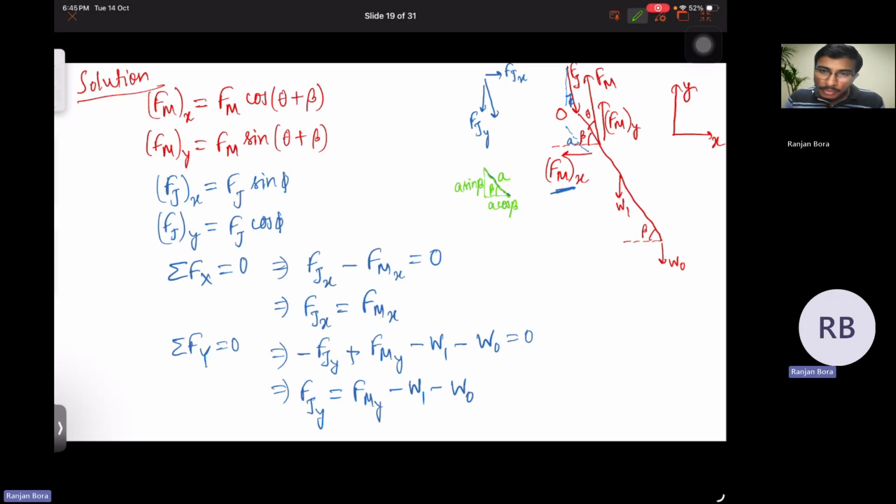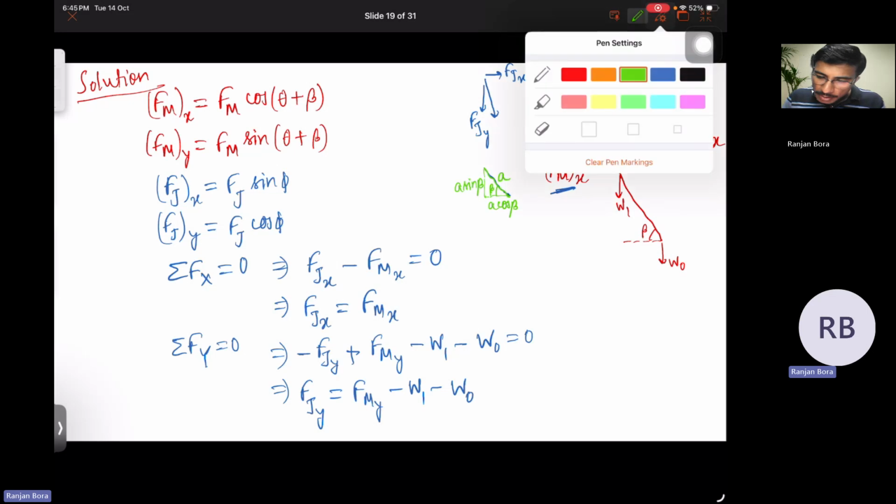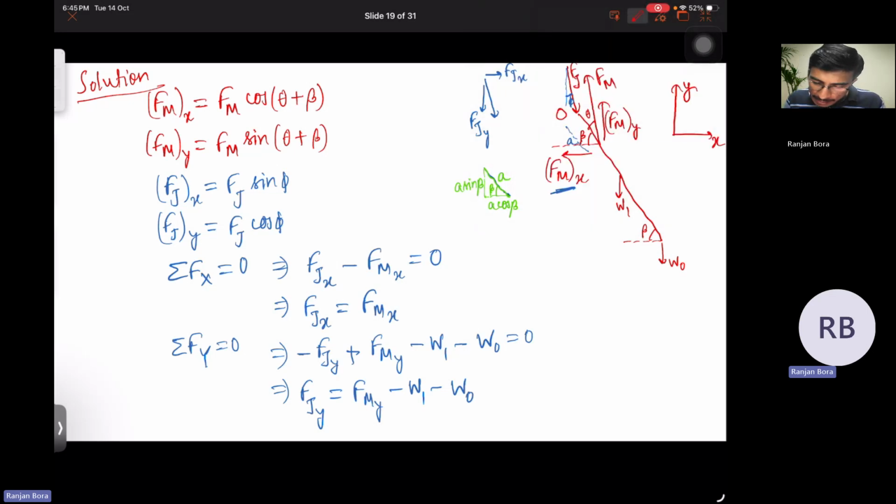So from the point O, the moment for the force Fmx is A sin beta, because this Fmx is acting here in this direction. For the force Fmy, the moment will be A cos beta.